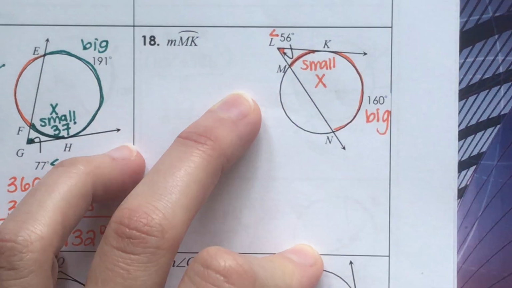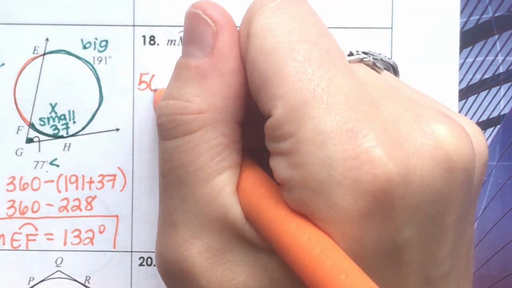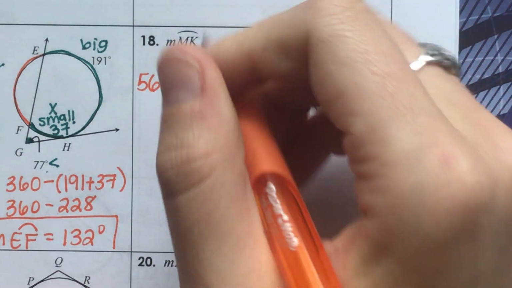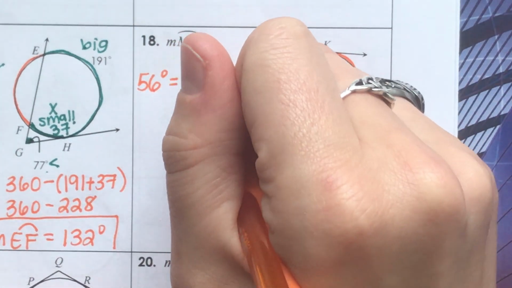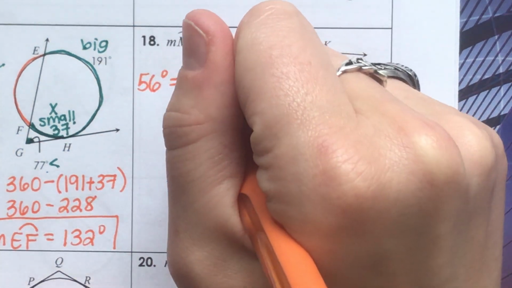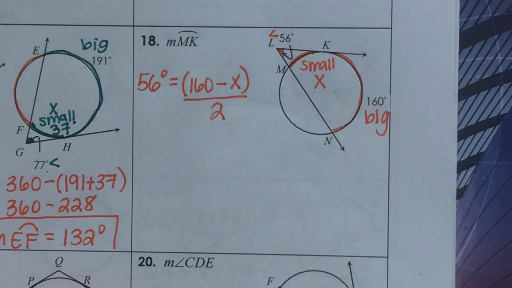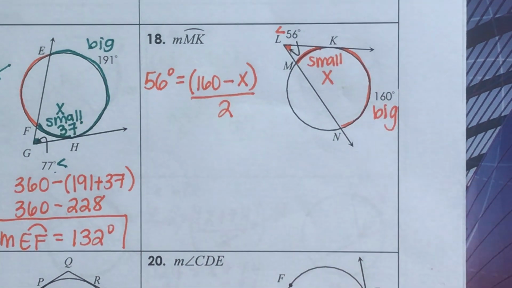And I already know what my angle is. So I've got angle equals big minus small divided by 2. All right, we're just going to solve this like we've been solving all of the other ones.